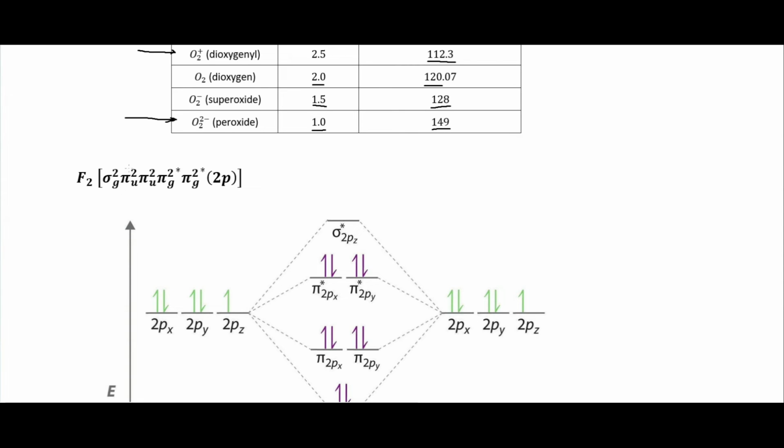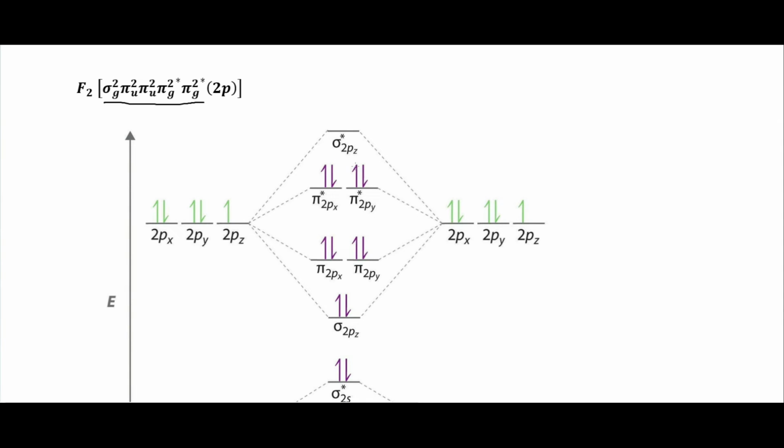And so we also have the fluorine here. We have the molecular orbital configuration right here. And so we see that this is just going to be a single bond because these two anti-bonds will cancel out these two bonds right here. So the Lewis structure for fluorine is something like this.